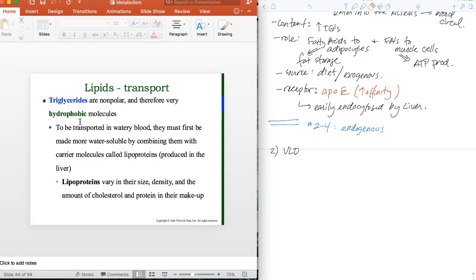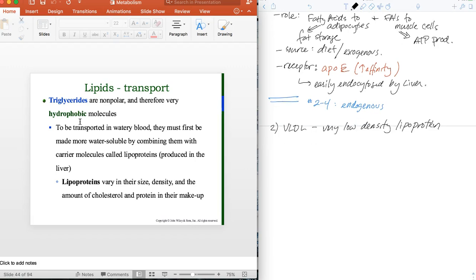The VLDL stands for very low density lipoprotein. You tend to produce more of these with a higher fat diet.